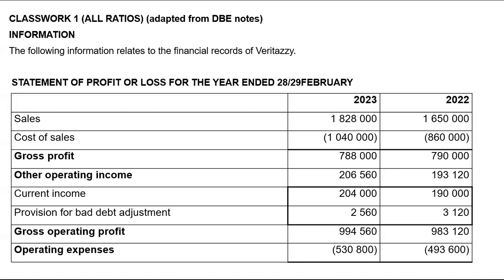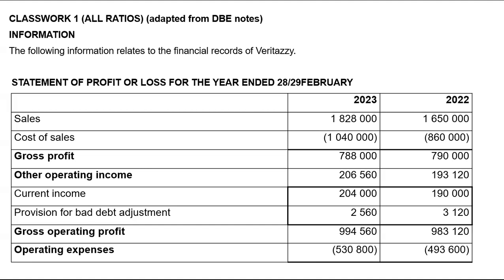Is our operating income contributing largely towards our net profit for the year? And for 2022, our operating profit was 983,120. You will divide that by your sales figure for 2022, which is 1,650,000, and find a percentage for that.